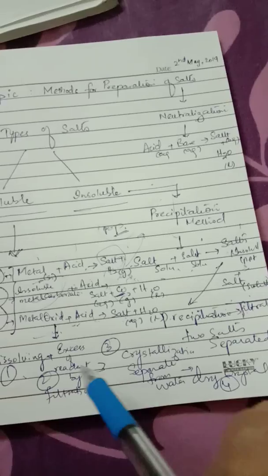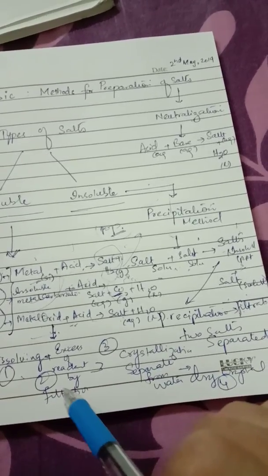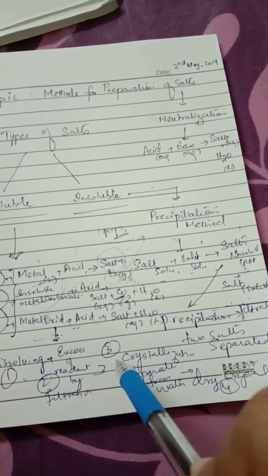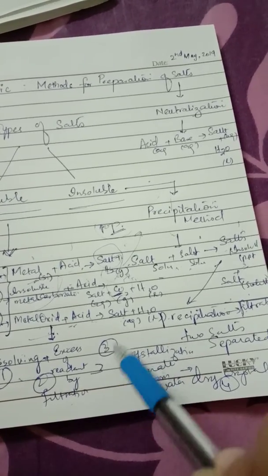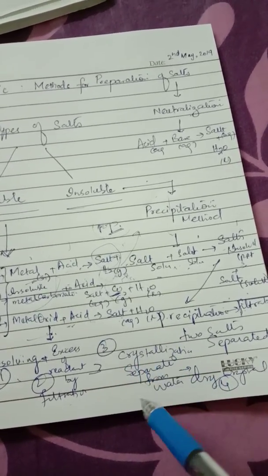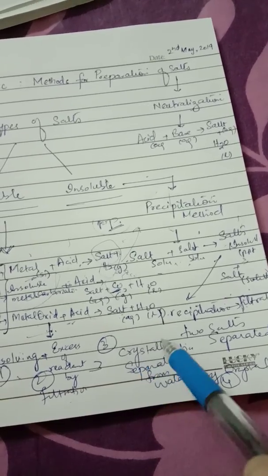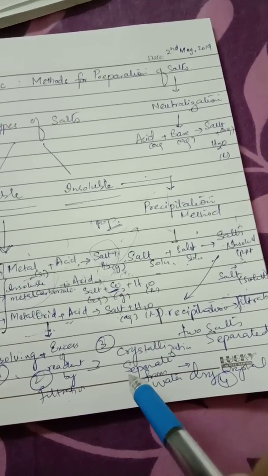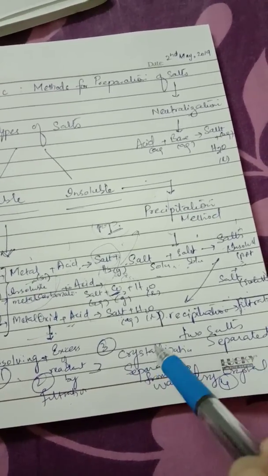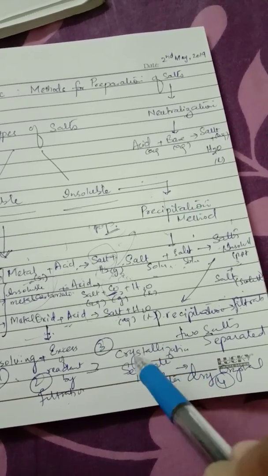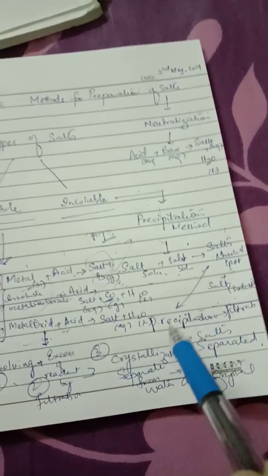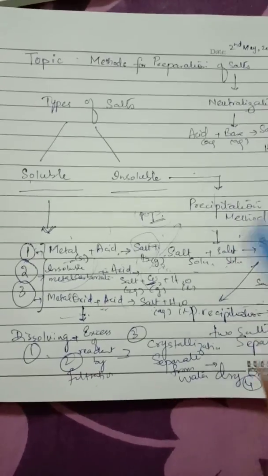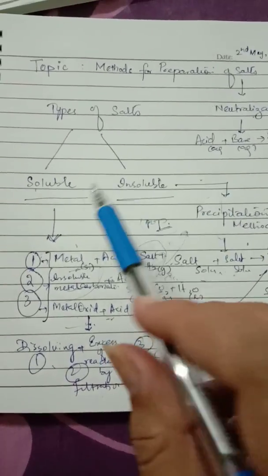Now you can filter out the excess metal left by filtration, and then you go for crystallization. Crystallization involves evaporating the water, and you will get your salt. You can then transfer your salt between the folds of filter paper and dry it out to get your crystals. This is all about the method.